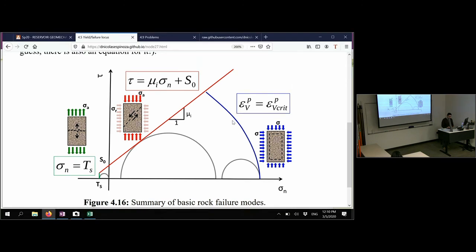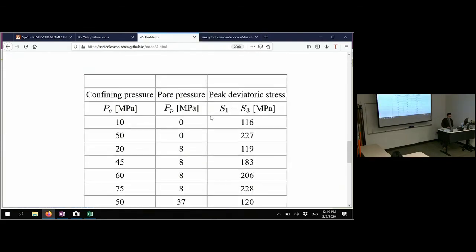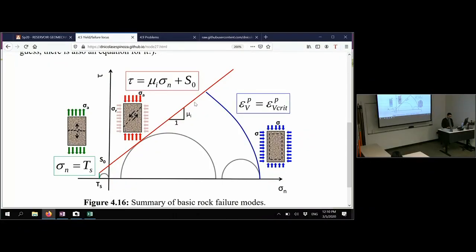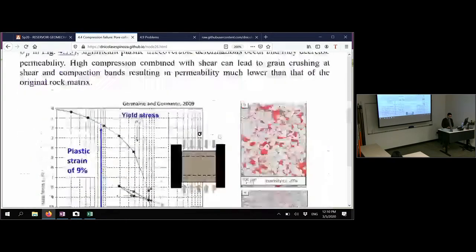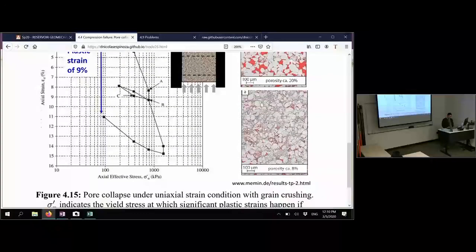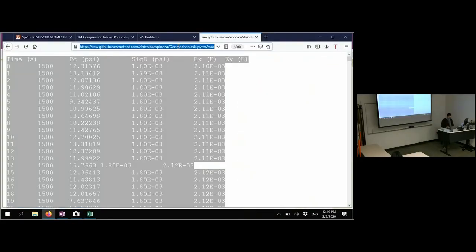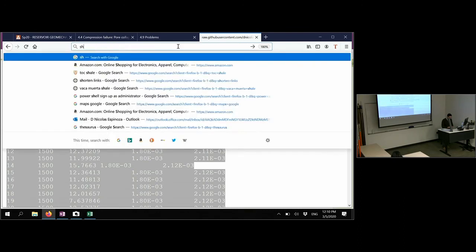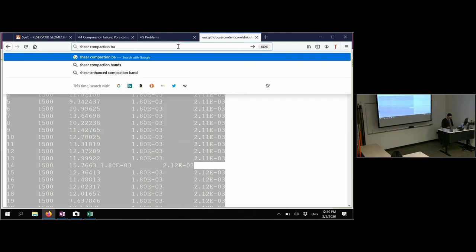Well, this is an example of compression failure, the one that I showed before. So this will be mostly pure compression, but I wanted to share with you something which are called shear compaction bands.